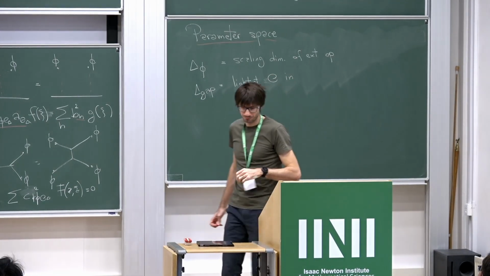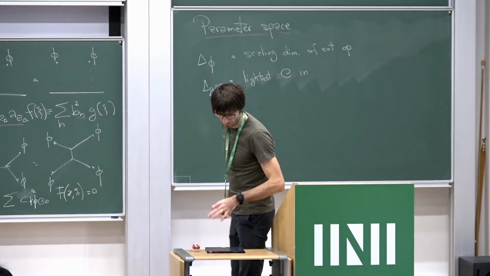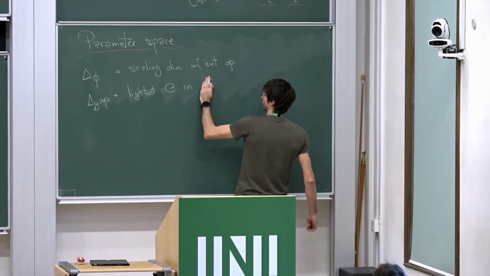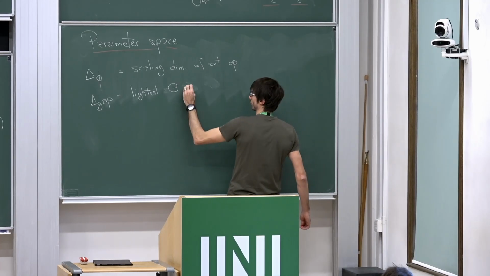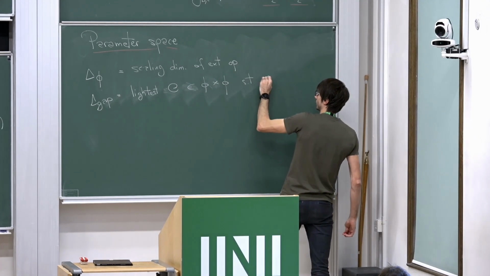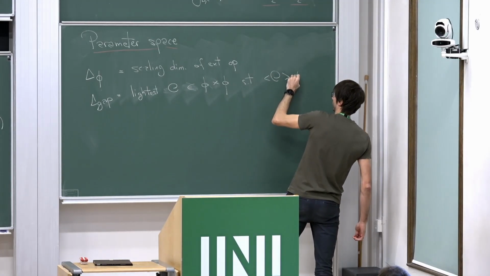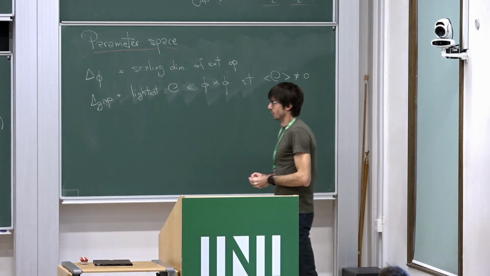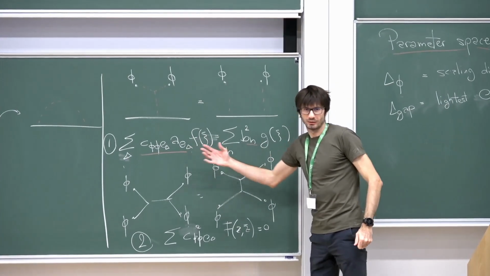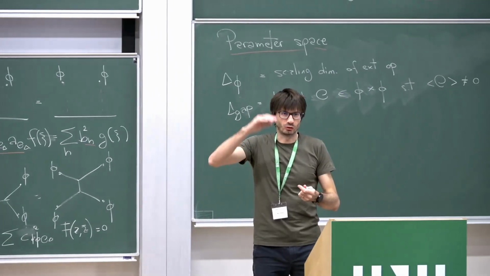Lightest operator in phi, so belonging to the phi OPE, such that the one-point function of O is different from 0. Okay, so if it's 0, it doesn't appear in this equation, and otherwise it appears. So that's my gap to the continuum spectrum.